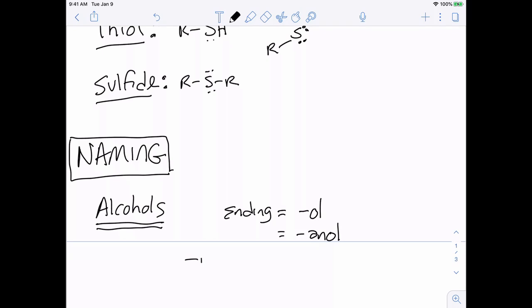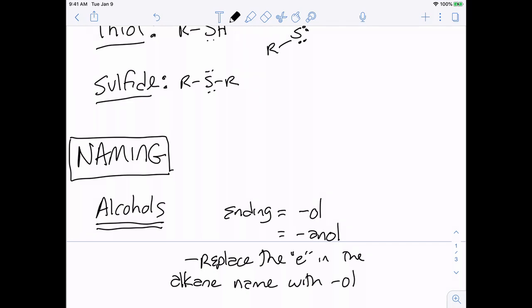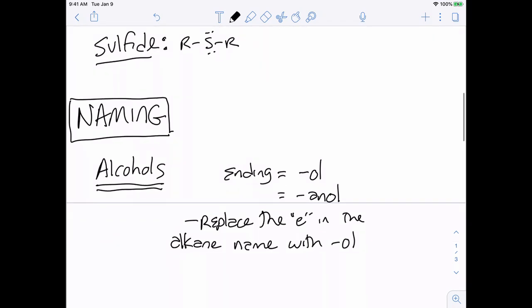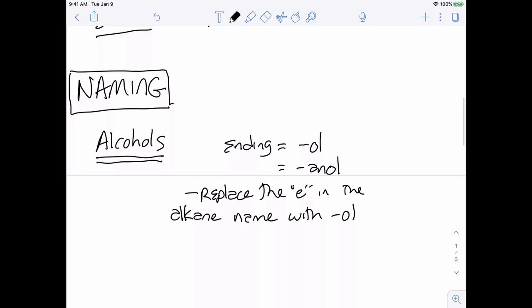Kind of how we would do it is we would replace the E in the alkane name with OL. Be really careful that your O's look like O's also. So if you write instead of print, and I do a mixture of both, be really careful.